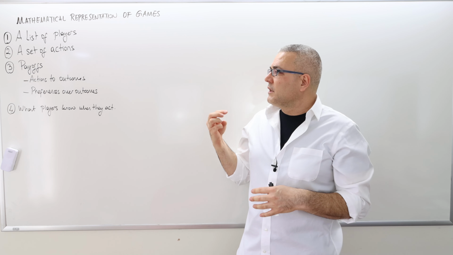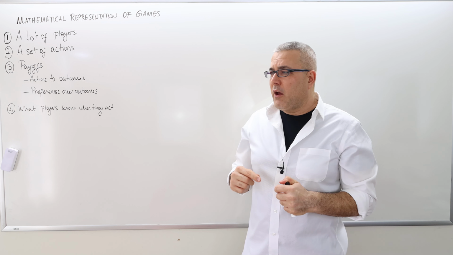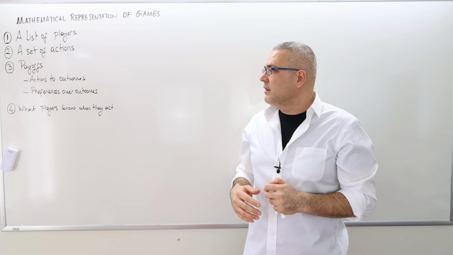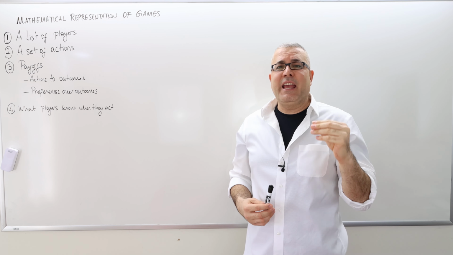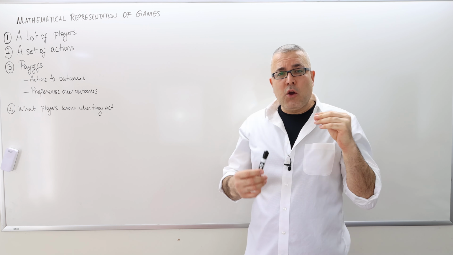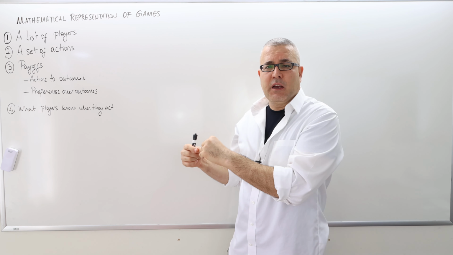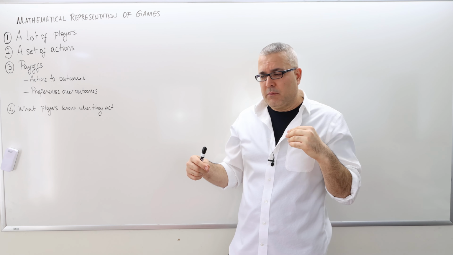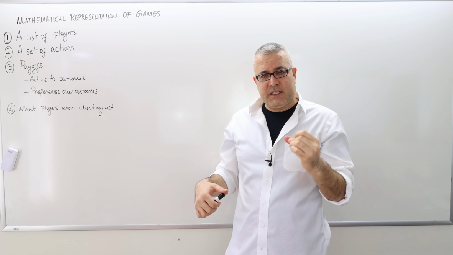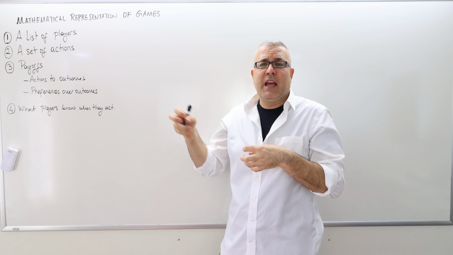Okay. The third ingredient is the payoffs. To make it clearer, first of all, each action a player takes, along with the actions of all the other players, will lead to an outcome, all right? Usually, in a strategic environment, it's not just one player's action, but all the players' actions together that determine an outcome.